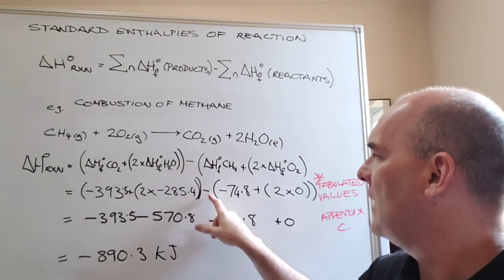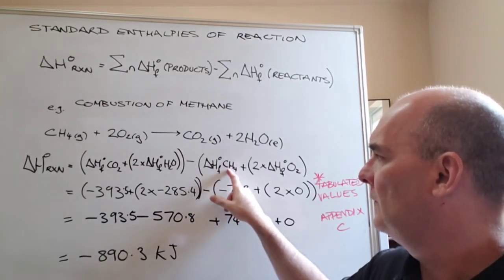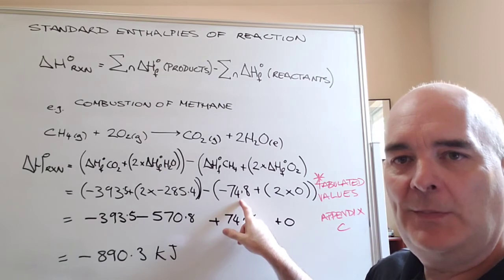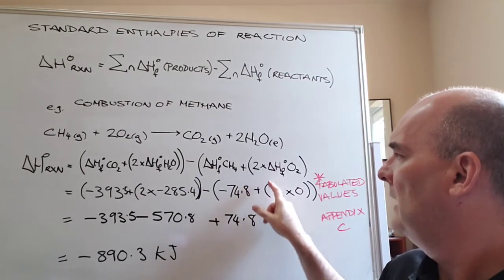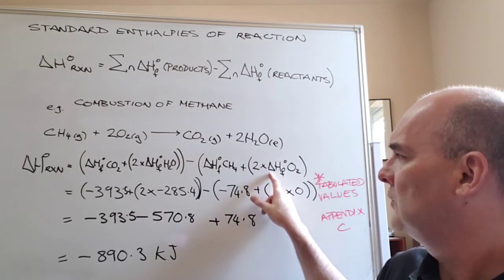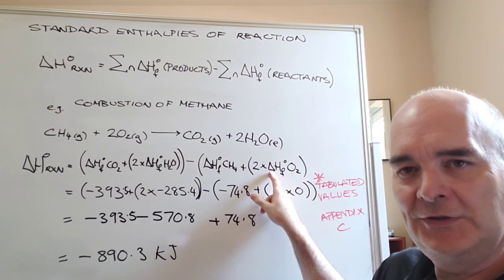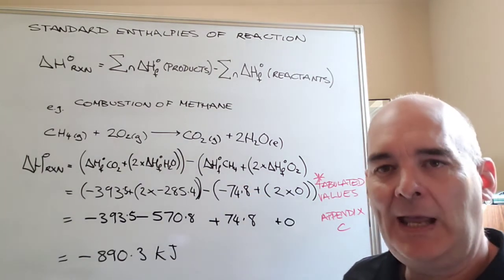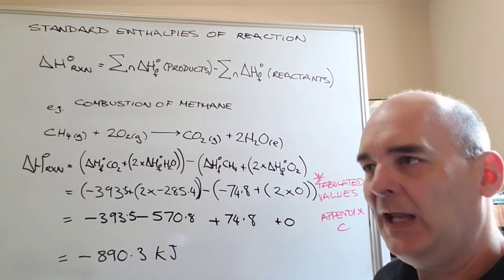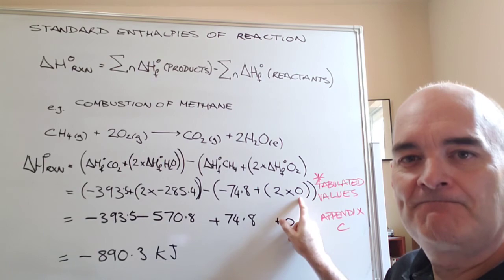And then I'm going to subtract from that the enthalpy of formation of methane, which the appendix tells me is negative 74.8. And I'm going to add to that 2 times the enthalpy of formation under standard conditions of oxygen. Well, oxygen's an element, and an element in its standard state has an enthalpy of formation of 0.